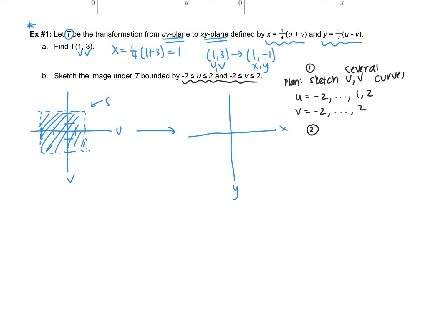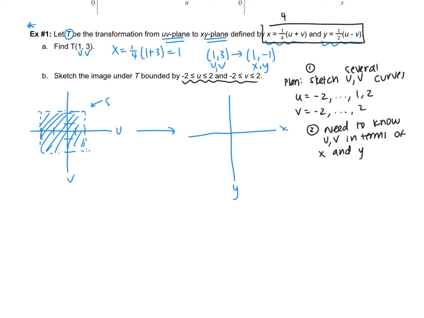In order to do that, though, we need to know u and v in terms of x and y. Initially, we might not see where this is going, but if you stick with me, I promise that you will.